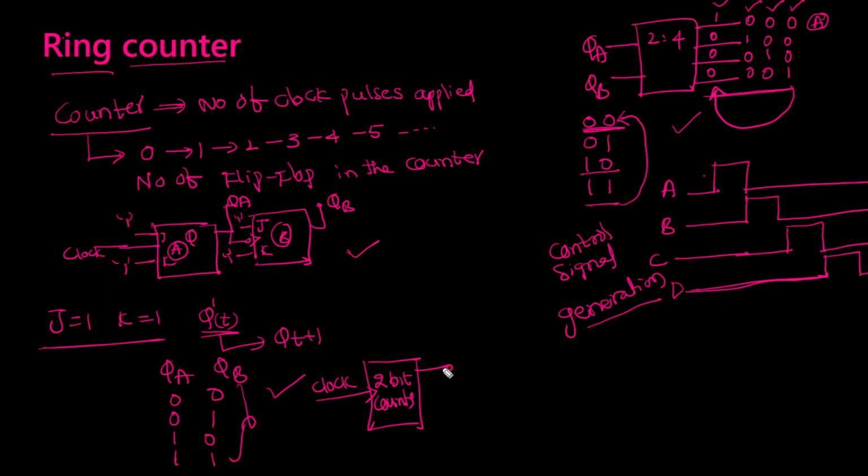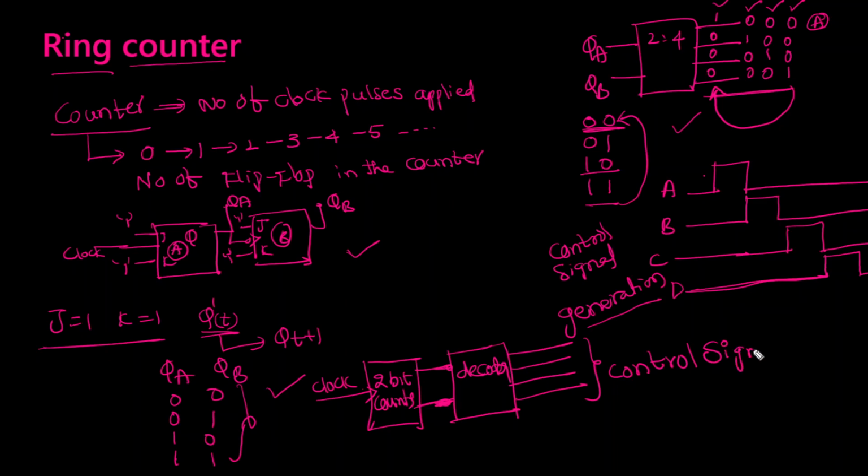I am getting 2 outputs, and these will be the inputs to the decoder. From the decoder I will get 4 output lines. These are the control signals. Fine. With this we will stop here.